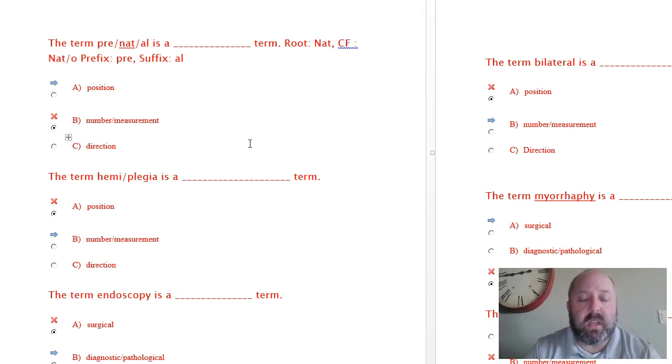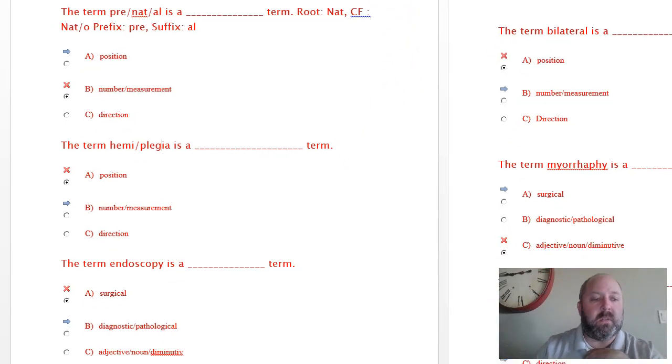This is also used like you can put a hemi cap inside of a joint, which means you're replacing half the joint. You're not replacing both sides of the joint. You're replacing half of the joint on one side or the other. So hemi means half. That's what you needed to know to answer this question correctly. Without even knowing the categories, if you understood the meaning of the word, then you would have done well on this.